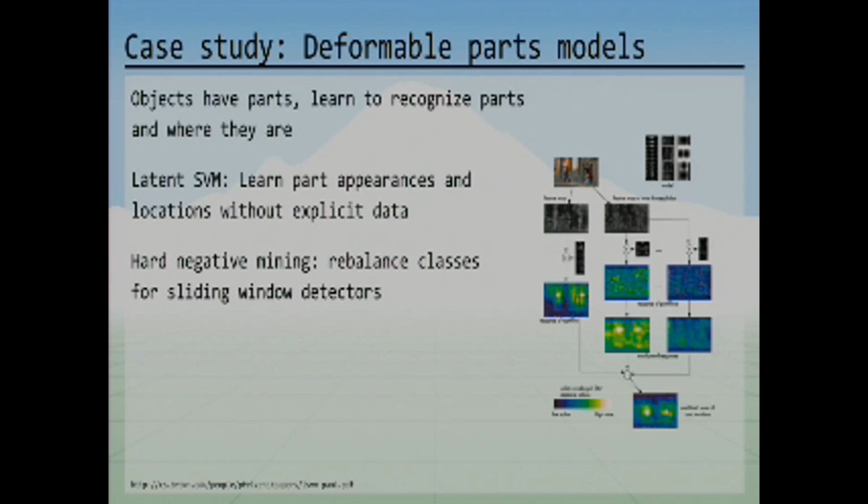And deformable parts models are interesting because they're learning some extra information that we don't actually explicitly give the model. All we're going to give the model is bounding boxes of this is the object, and the object doesn't appear anywhere else in this image. But it's actually able to learn all of this extra information that corresponds to what these parts are, what they look like, and where they generally fall in the object.